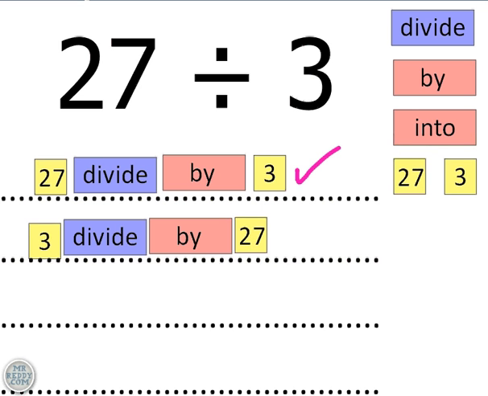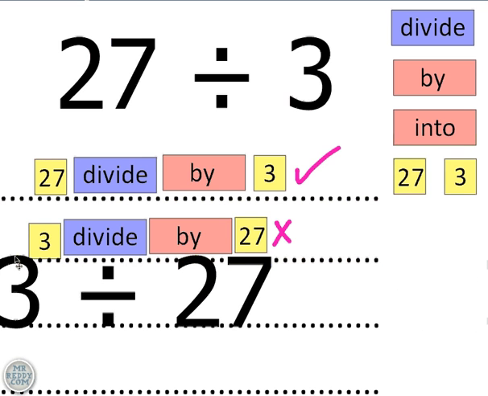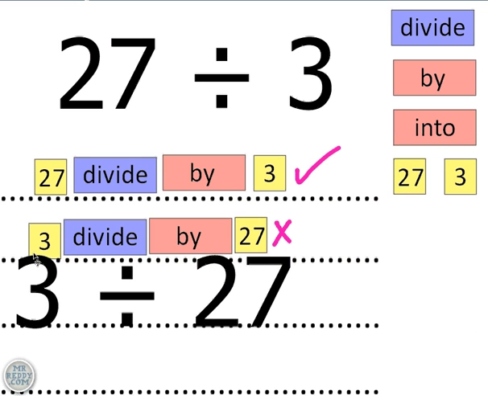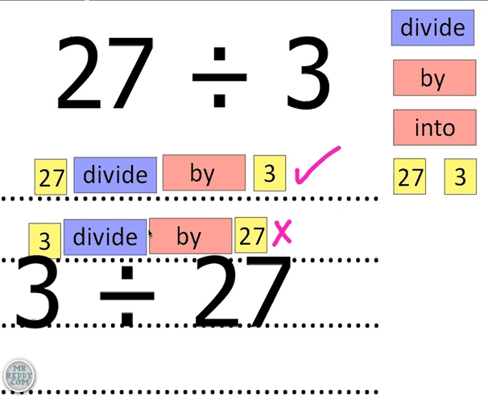As we discovered a moment ago, reversing the order that you do things matters. So, sorry, that's incorrect. What this statement is referring to is this problem here, 3 divided by 27. Can you see the difference between 27 divided by 3 and 3 divided by 27? Because they give you two different answers, it really matters the way that you talk about it.